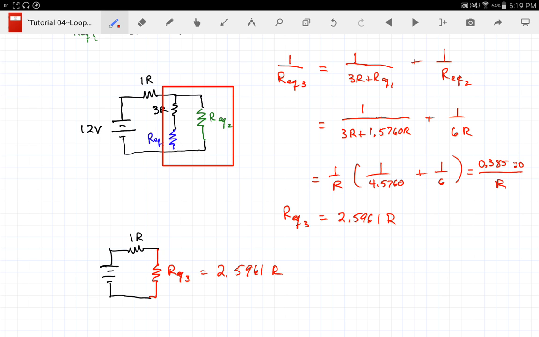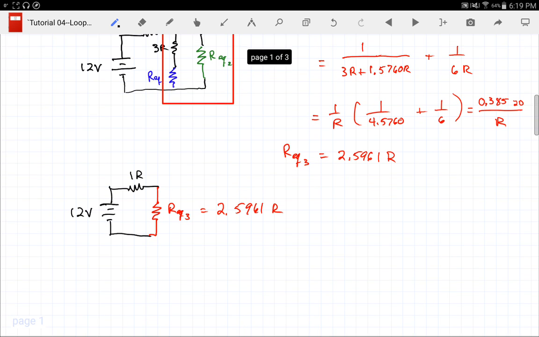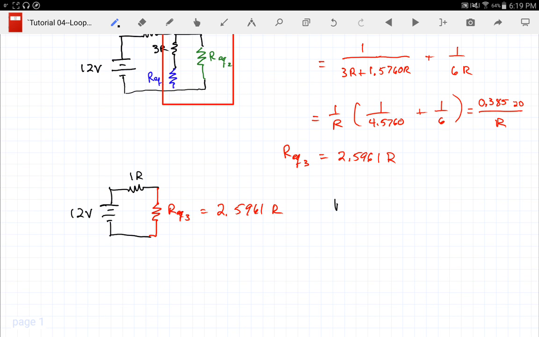So given that this is 12 volts, I now know that I have a resistance total that's equal to the sum of those two in series, which once again, I can just do. I don't need to write out 1R plus 2.5961R. They're in series, you just add them together, and that's 3.5961R.